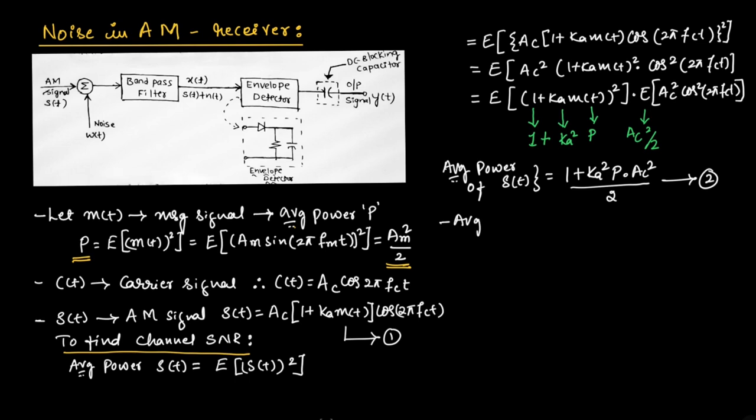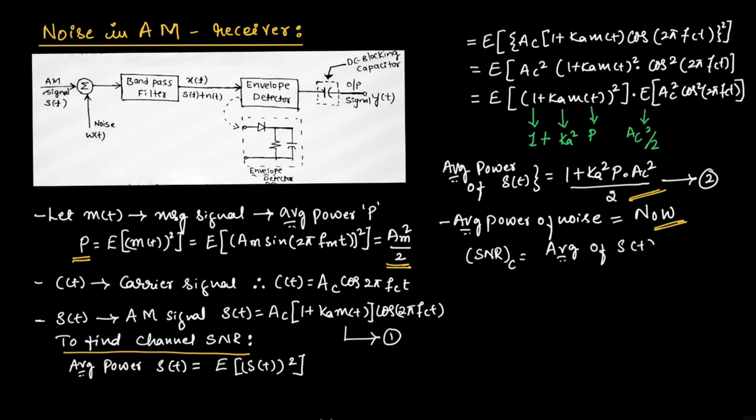Then the average power of noise is N naught W, where W is the bandwidth of the incoming message signal. Then here we are going to find the signal to noise ratio of the channel, which is the input signal to noise ratio.